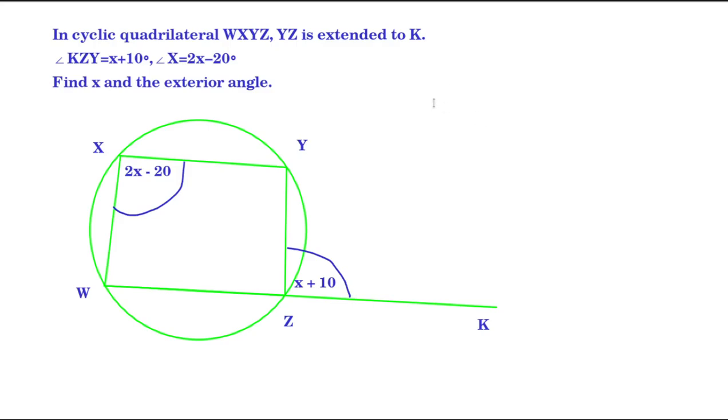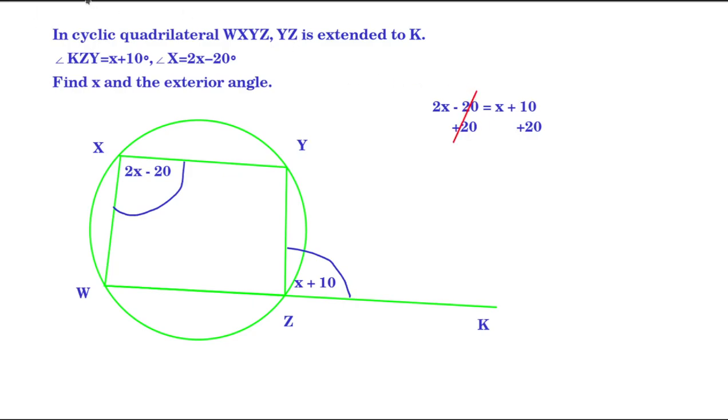So solving for x, we are just going to equate those two angles. 2x minus 20 is equal to x plus 10. First things first, let's add 20 on both sides of the equation. And then this one is going to be cancelled out.